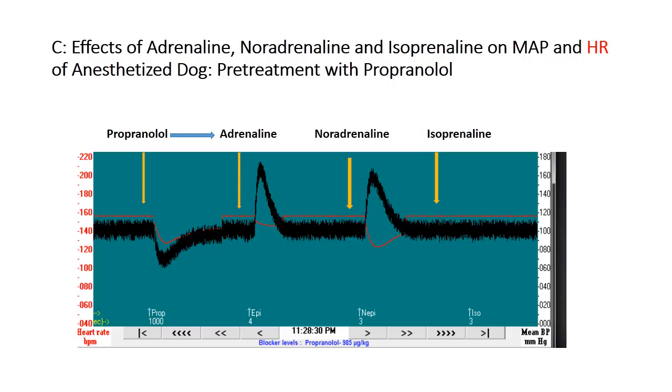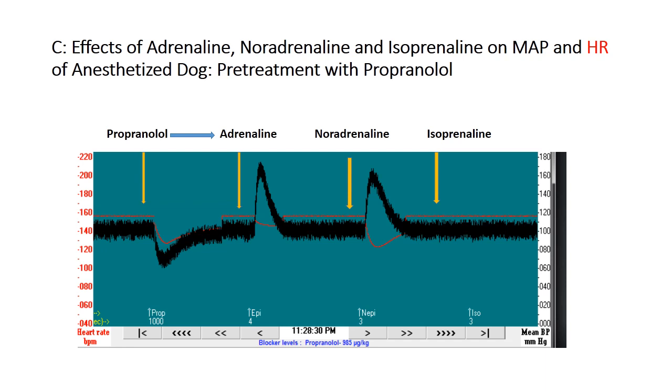Now in part C, we will see the effect of adrenaline, noradrenaline, isoprenaline, and how this effect is changed with treatment of propranolol. As we know, propranolol is a beta blocker. It itself causes a depressor response with bradycardia, which is explainable because of blockade of cardiac beta 1 receptors and blockade of the systolic contractions of the heart.